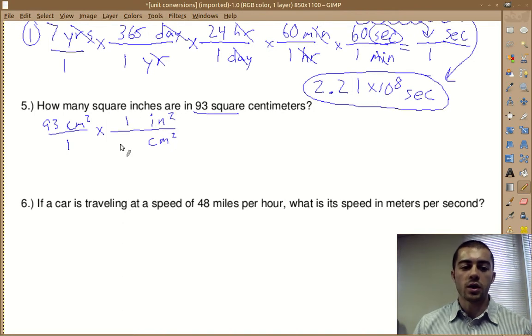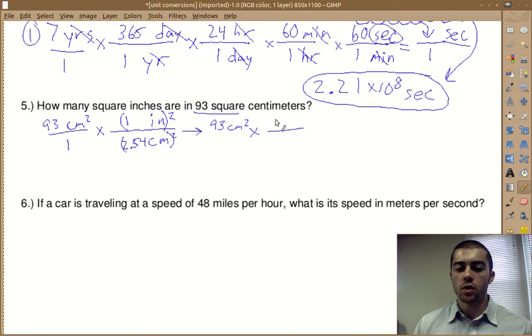So we have 1 inch is 2.54 centimeters, but again, we want to square this because we have two dimensions. So this will really be 2.54 squared. So this we could turn into 93 centimeters squared times 1 inch squared over 6.25 centimeters squared.